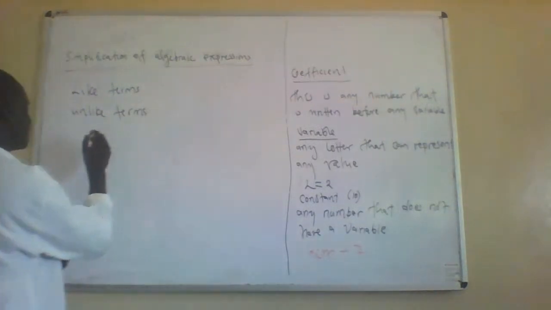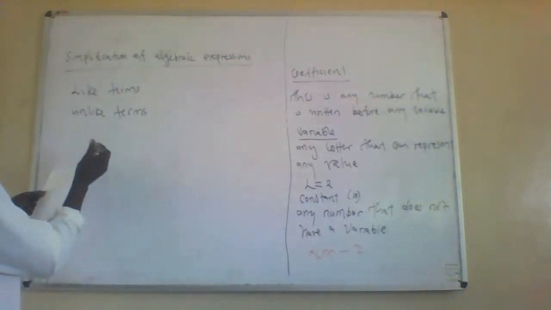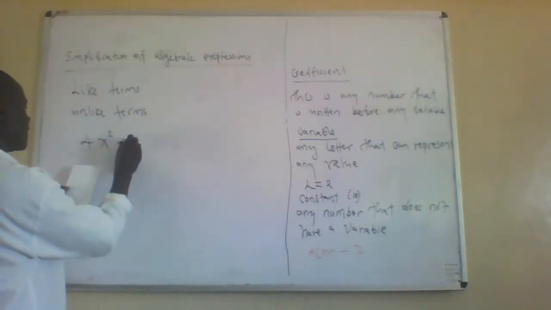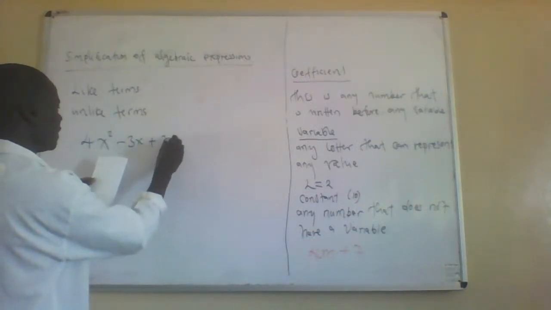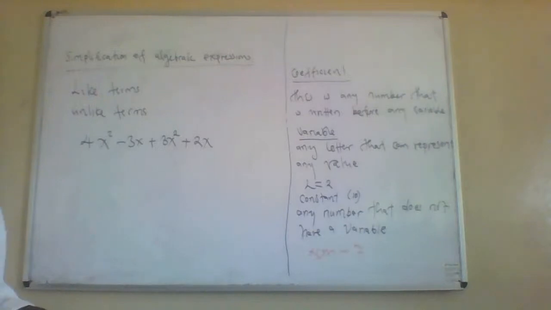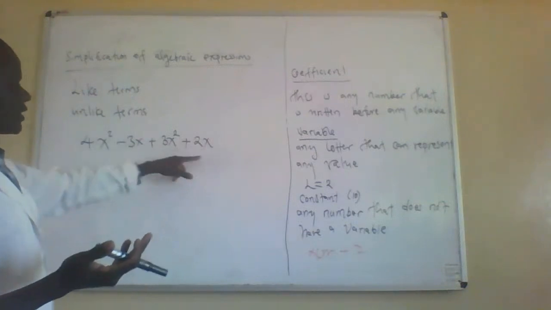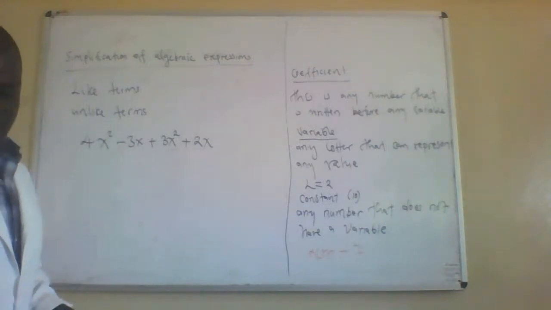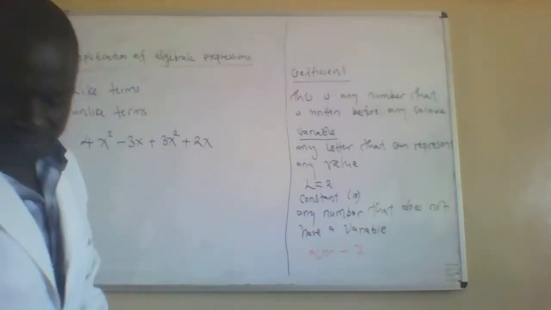We can have an expression such as 4x squared minus 3x plus 3x squared plus 2x. So that is an algebraic expression that we have, and if you look through it, we can confirm that there is no equal sign throughout. Therefore, this qualifies to be called an algebraic expression. If we had an equal sign in any of the positions, this could have been called an equation.